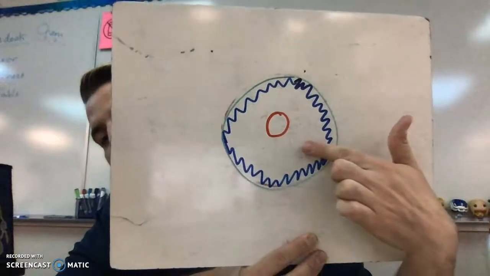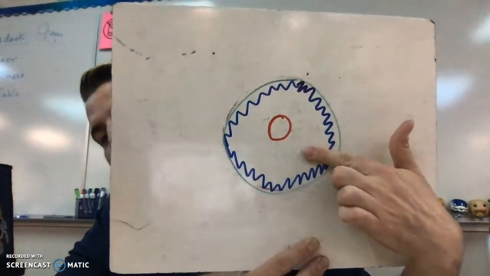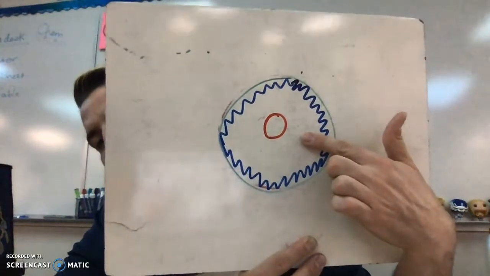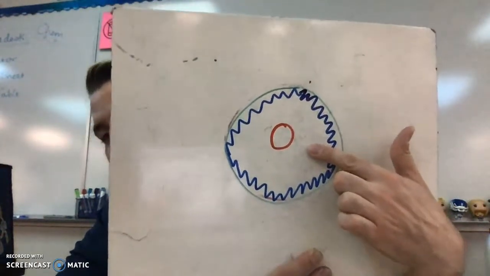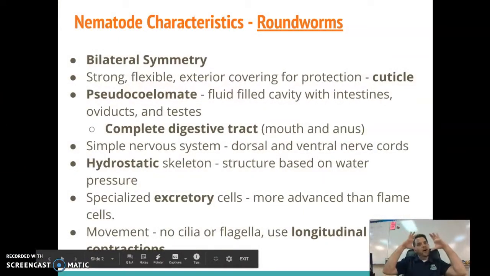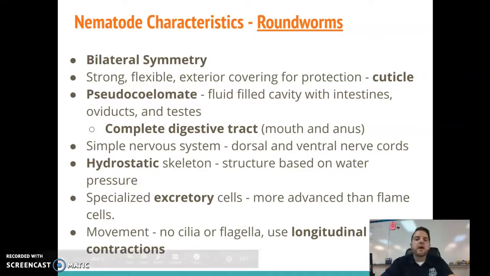So in here, we have pretty much just an open, fluid-filled area, and then the gut runs down the center of it. So the gut is still enclosed, but they do have a pseudocoelom. So they essentially have kind of a half coelom.